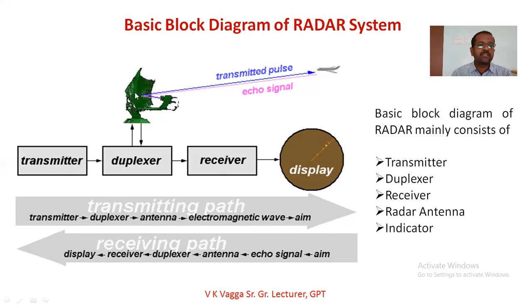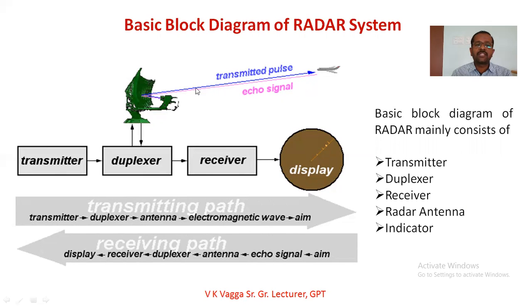In this case, the radar antenna converts the RF signal, the radio frequency signal, into the electromagnetic signal. This electromagnetic signal is radiated into the air or into the space, and afterwards it will reach the target here. After reaching the target, some part of the signal is reflected back, and it is called the echo signal.